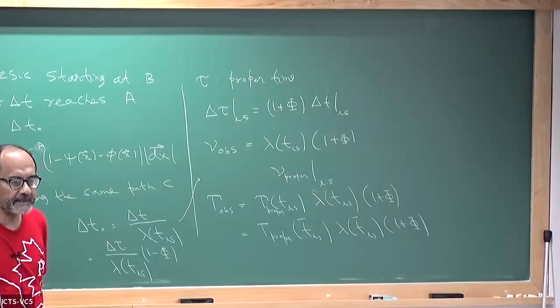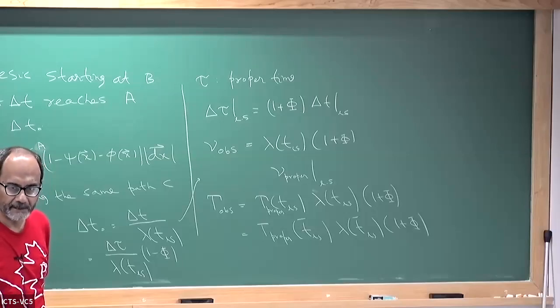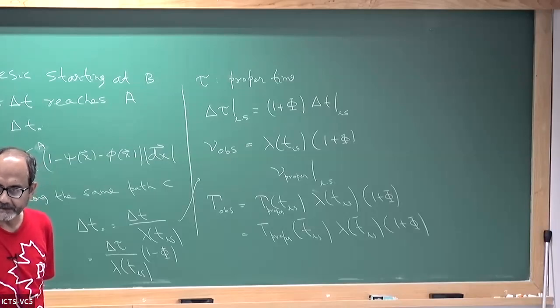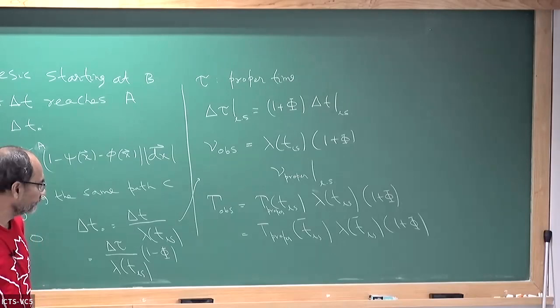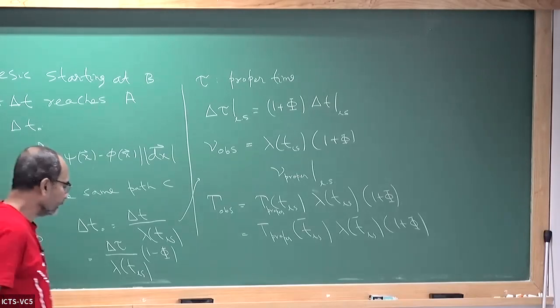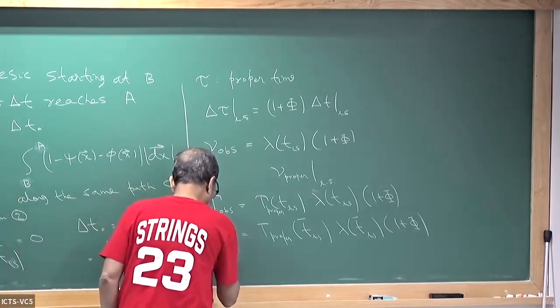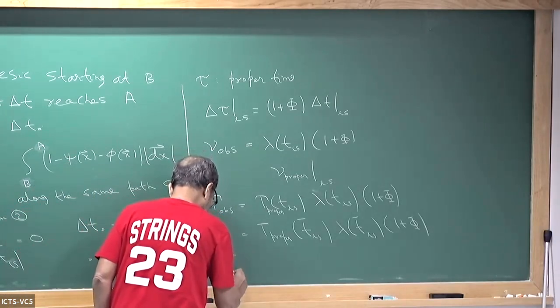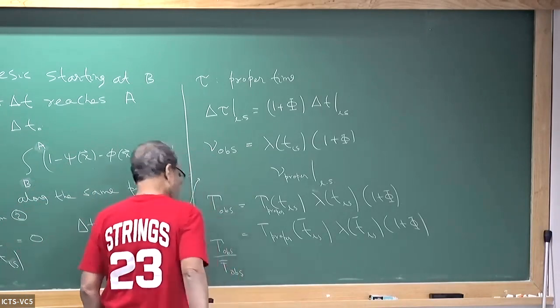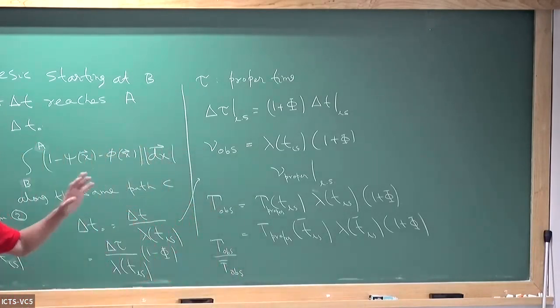That T bar LS is some average time, right? We don't really care very much what the average time is. So this then allows us to calculate T observed over T bar observed. T bar is the average temperature.